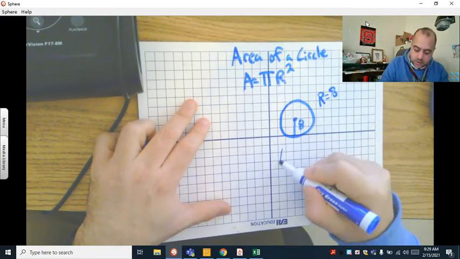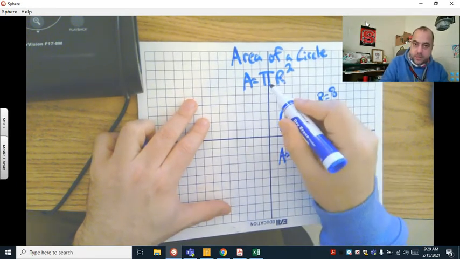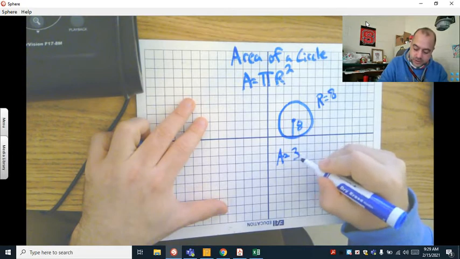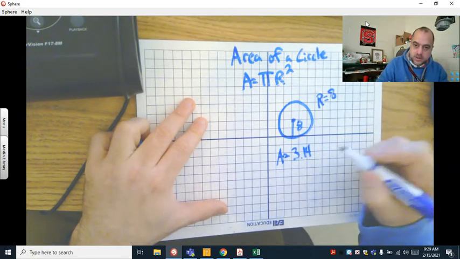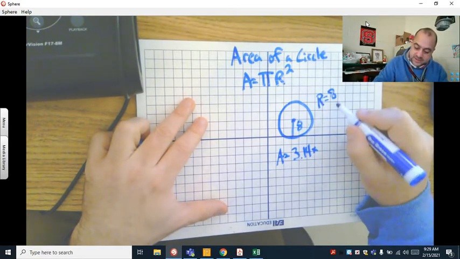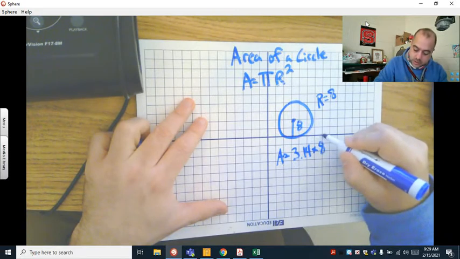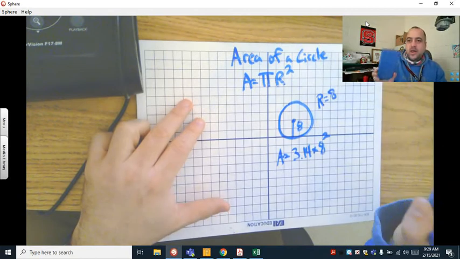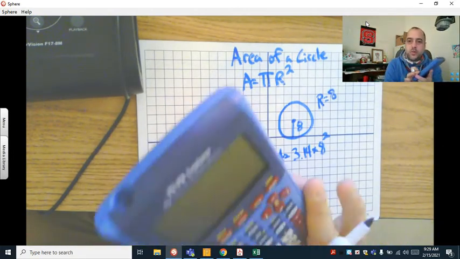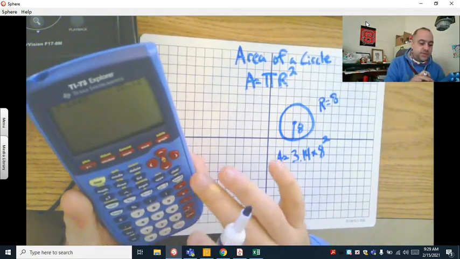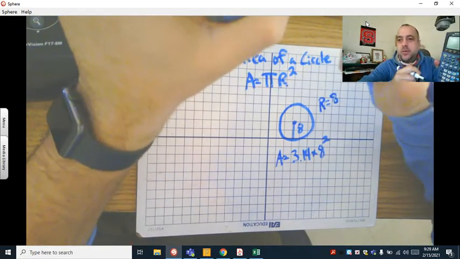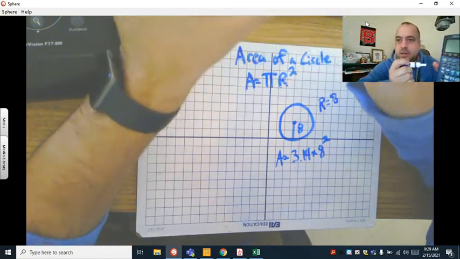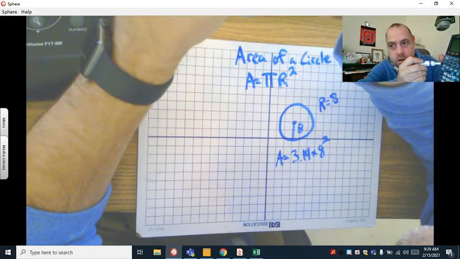So we're going to just do our formula. Area equals pi, 3.14, times the radius 8 to the second power. Now, if you're using a calculator at home, there's a button with an X and a 2 on it.